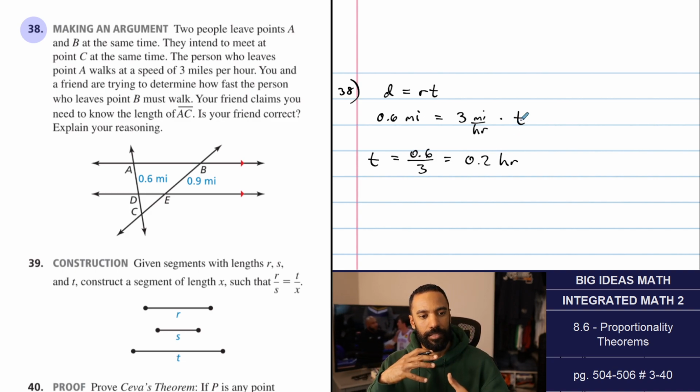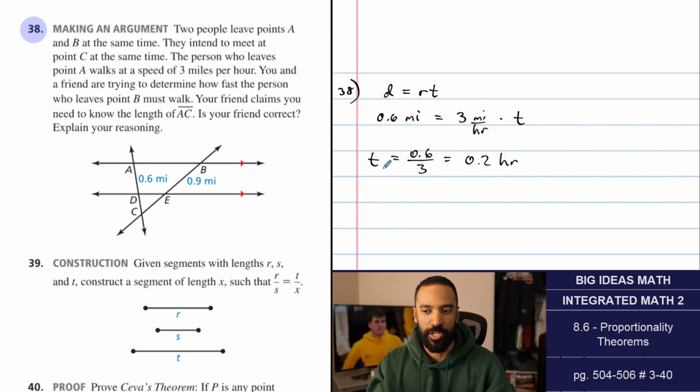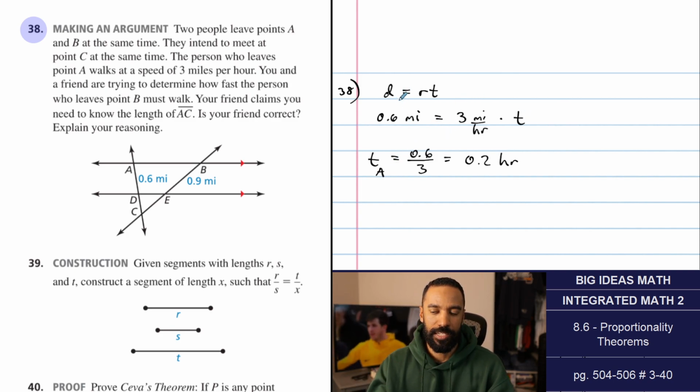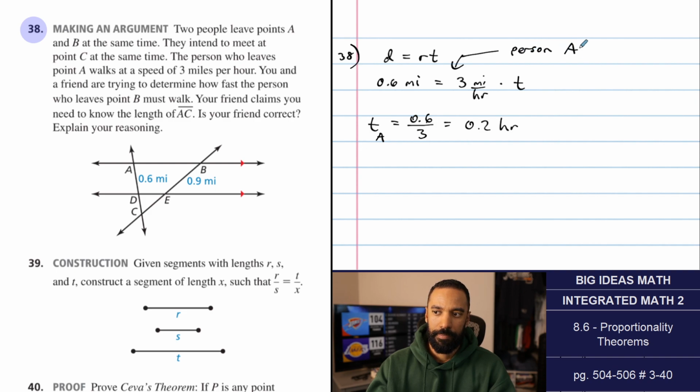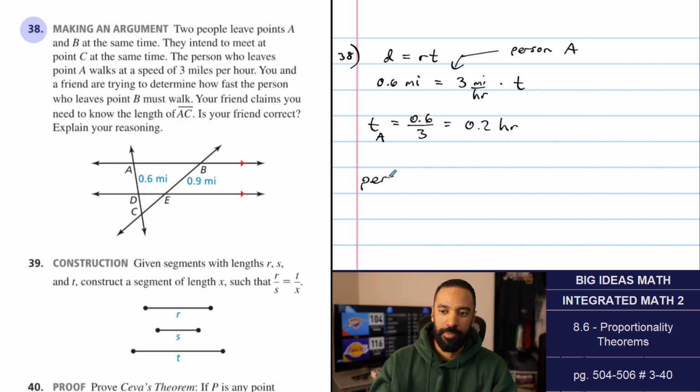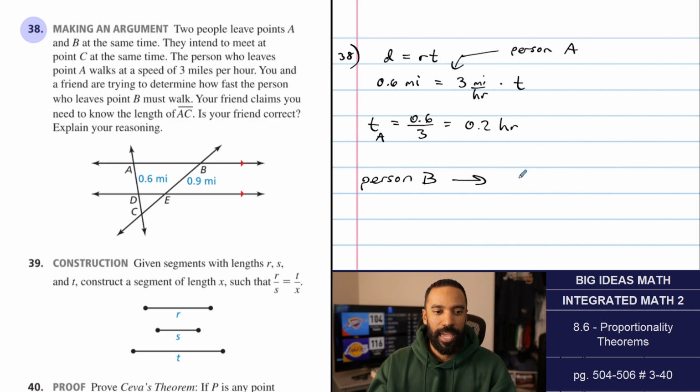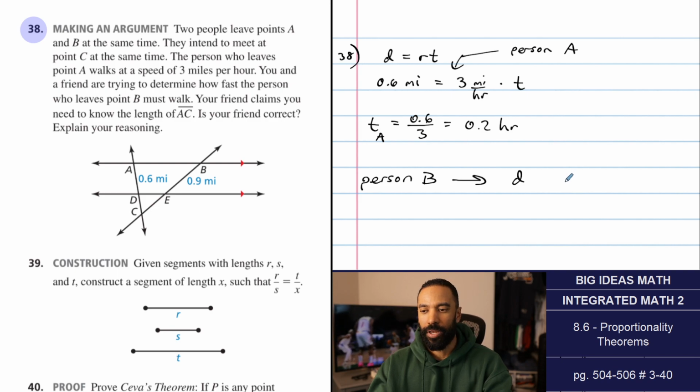Person B, so this is all for person A, right? Time for person A, distance for person A, all that kind of stuff. Person B, sorry, I keep saying that over and over. Person B now has a distance overall that needs to be traveled. Wait, I'm sorry, 0.9.